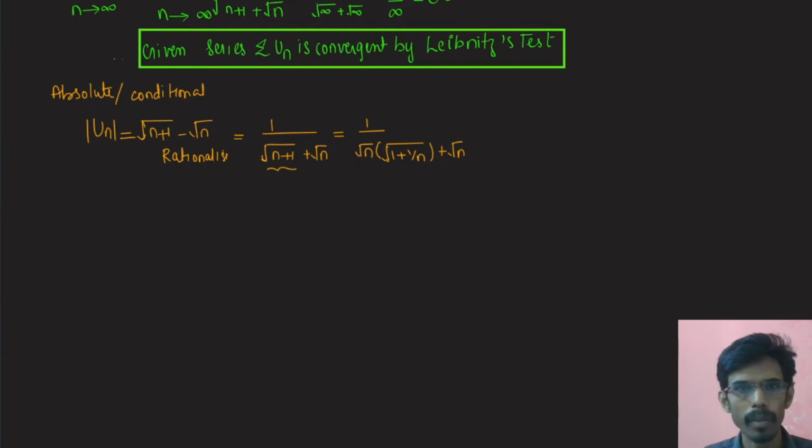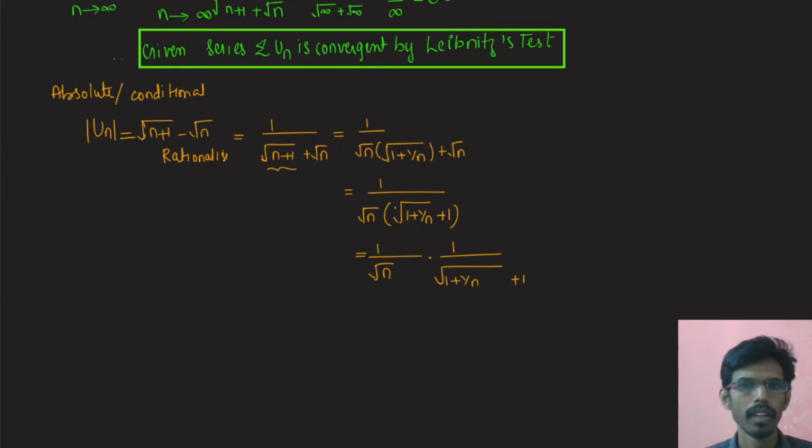Now take common root n from both the terms. We have root n into root over 1 plus 1 by n plus 1. Now this can be written as 1 by root n into 1 by root over 1 plus 1 by n plus 1. Correct.